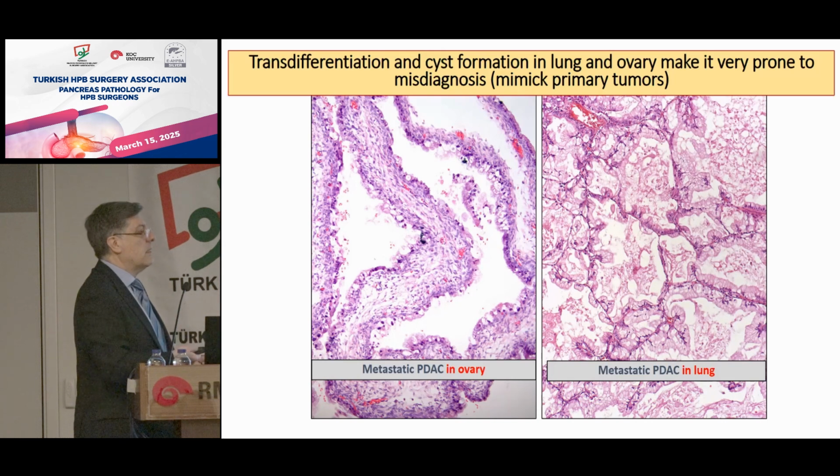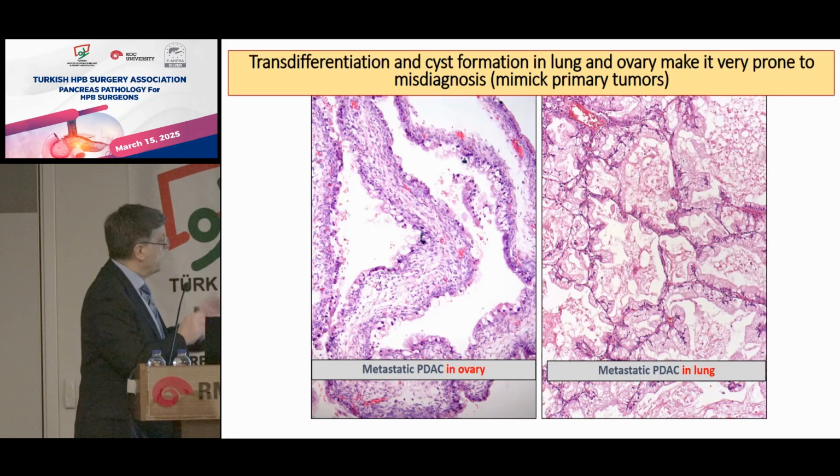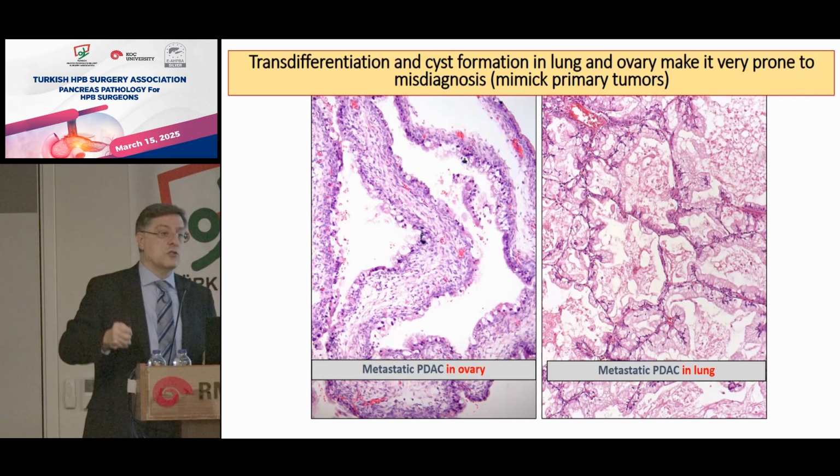Actually, it's more common for them to present as cyst when they metastasize to ovary than as solid tumor. Some fascinating phenomena. And they do the same thing when they metastasize to lung. They line the alveolar spaces leading to this bronchioloalveolar carcinoma pattern.